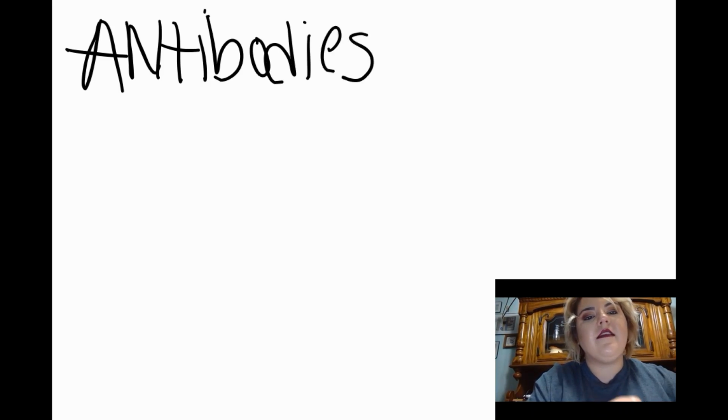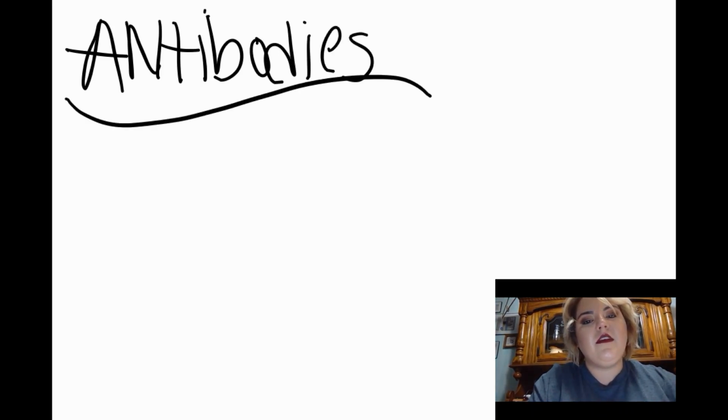Okay. So if you can remember, the next factor that we have to account for is the antibodies. So what are antibodies? Well, antibodies, I like to think of them as the fighters. So they fight.